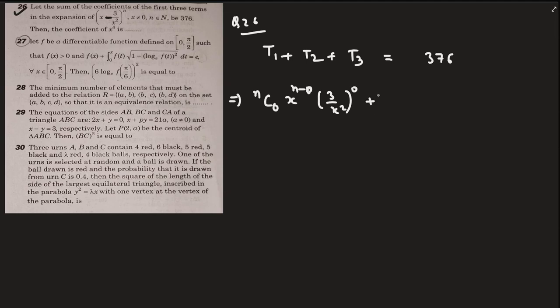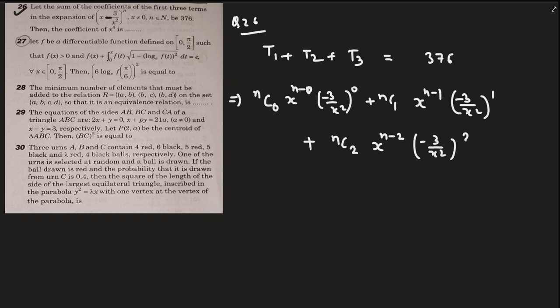For T2 we have nC1, the first term to the power n minus 1, the second term, minus 3x^2, to the power 1. For the third term we have nC2, the first term to the power n minus 2, and the last term, minus 3/x^2, with the power 2.